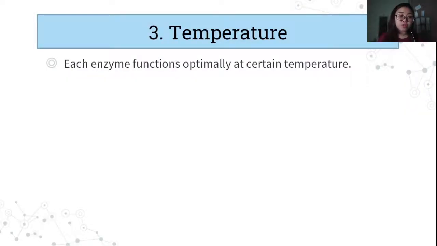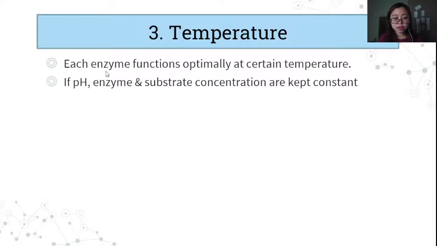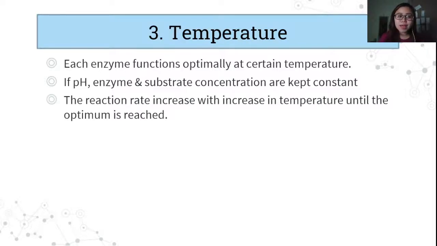Now we move on to the third factor, which is temperature. Now this is something we talked about on the earlier segments of this lesson when we talked about the properties of enzymes. So we know that each enzyme functions optimally at a certain temperature. If the pH, enzyme, and substrate concentration are kept constant, the reaction rate will increase with increase in temperature until the optimum is reached.